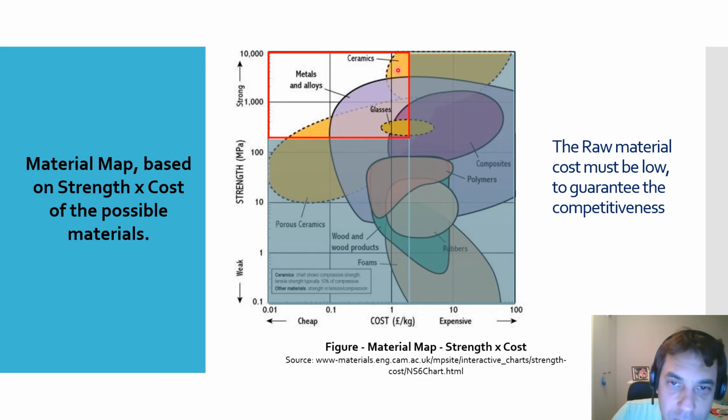But of course, ceramic is really difficult to shape into the complex shape of the blade. So we could say, taking a look at this graphic, that metal alloys and some part of the composite materials could be a good selection.